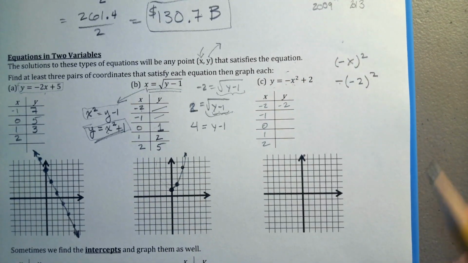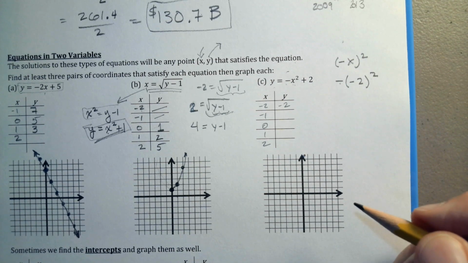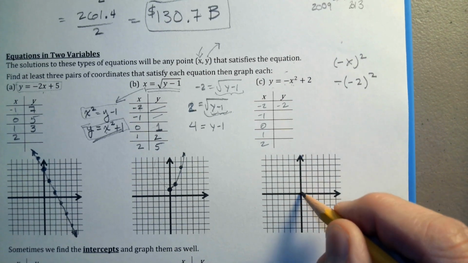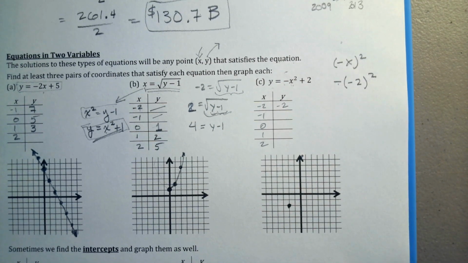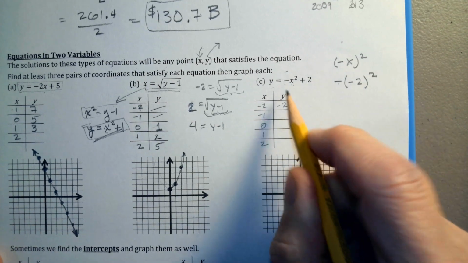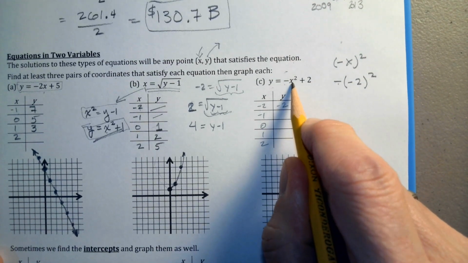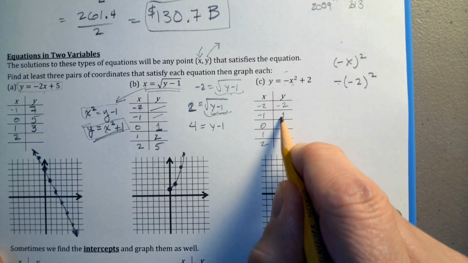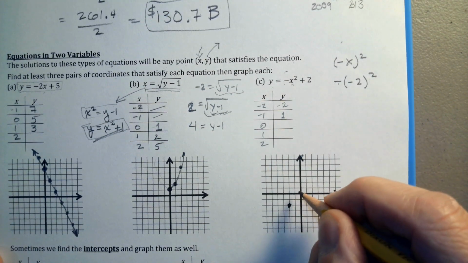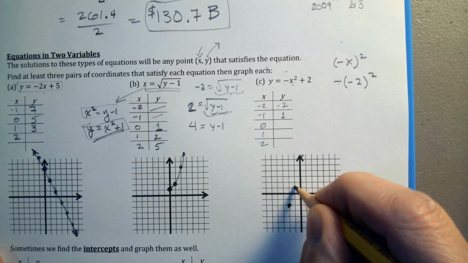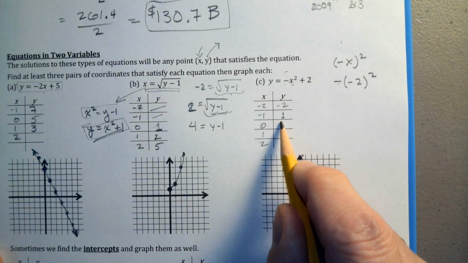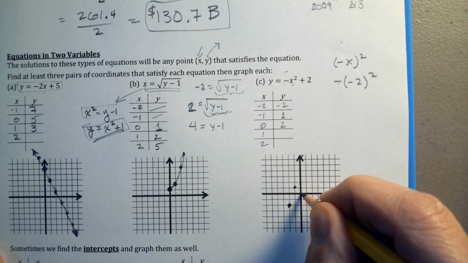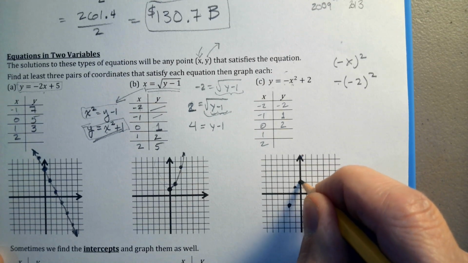All right, so we have, let's plot that point at -2. We're down here at -2. Okay, and so let's try -1. So I plug a -1 in here. That's going to be a +1. All right, so at -1, we're at +1. 0, that's easy. That's just going to give us 2. So at 0, we're up here at 2.